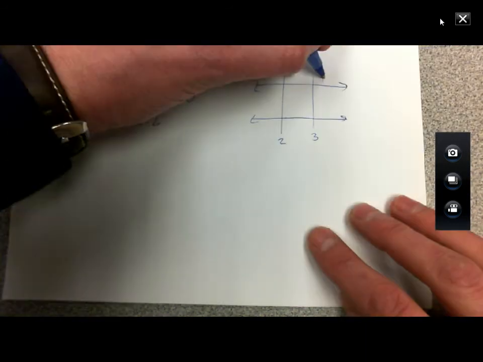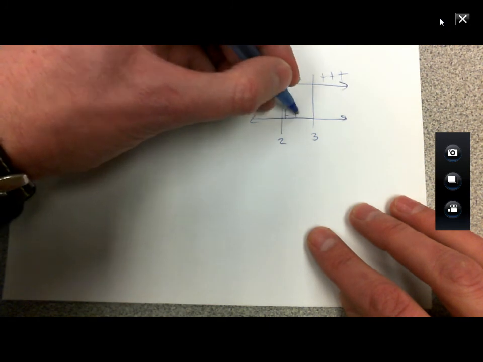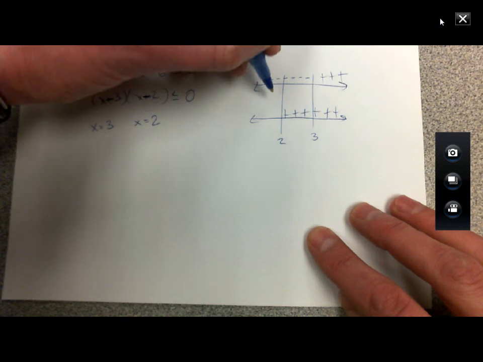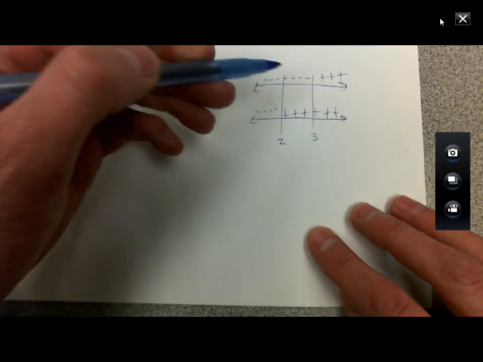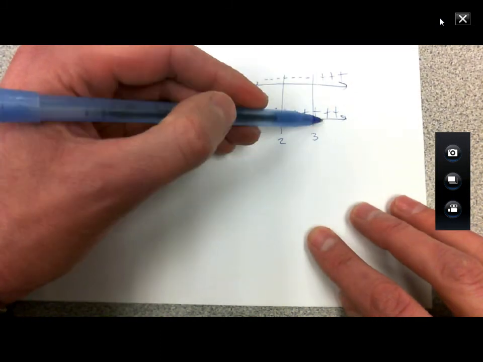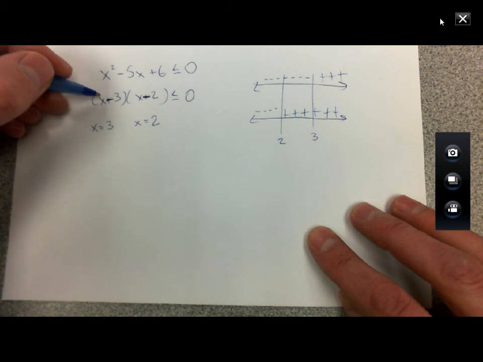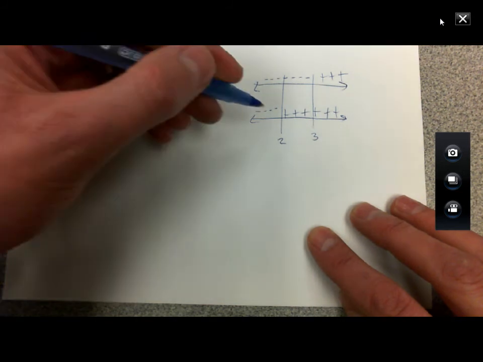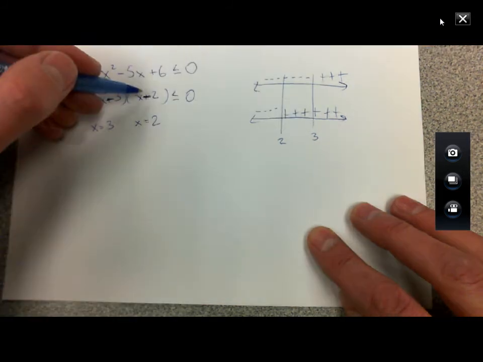And again, it's always going to work out that to the right of the line is positive, to the left of the line is negative. If I pick a number that's greater than 3, 4 or 5, and I plug it in here, I'm going to get a positive result. If I pick a number less than 3, I get a negative result. Greater than 2, positive result.